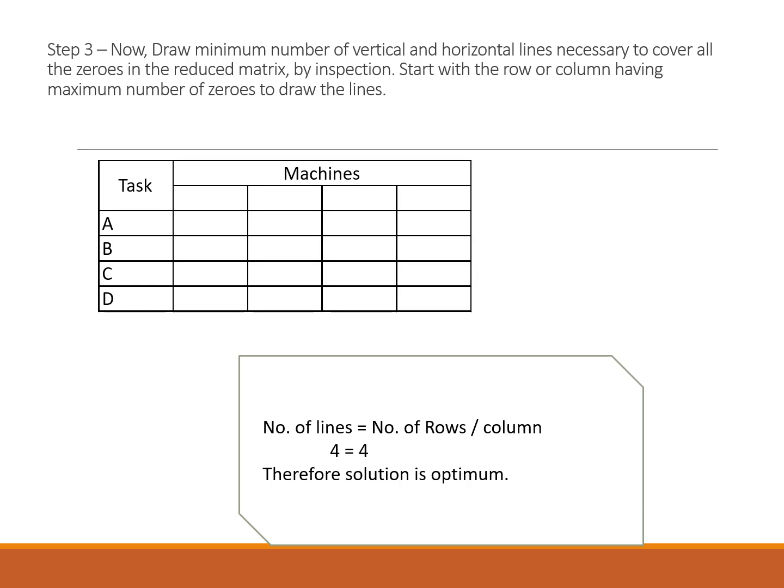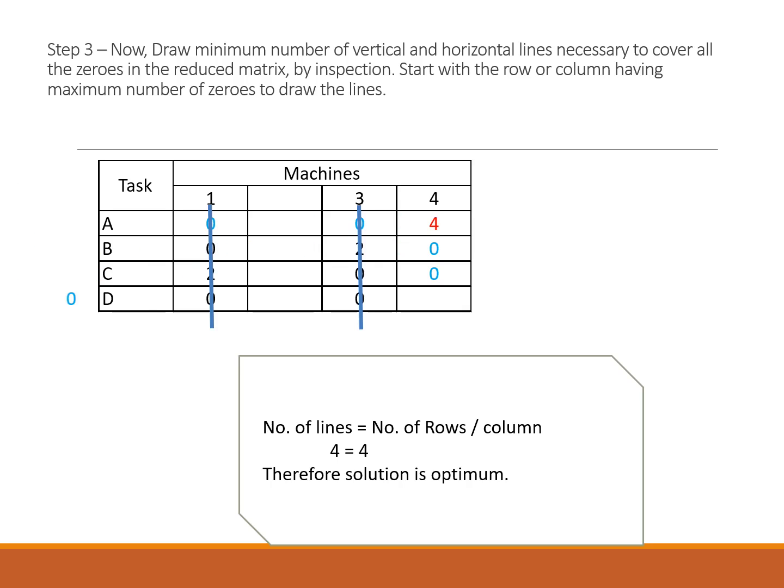See, column 1 has the maximum number of zeros, so draw a vertical line which covers them. Then column 3 has the maximum number of zeros, so draw again a vertical line.